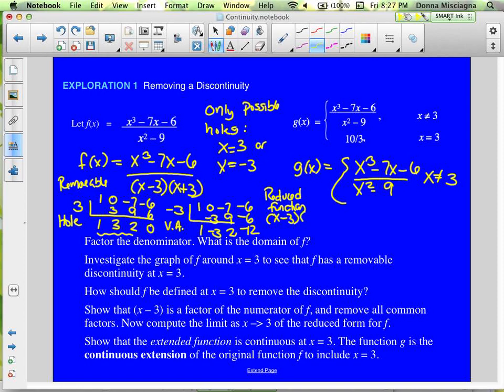So I'm just going to leave it as x squared plus 3x plus 2. It's just really not worth factoring it, even though it wasn't that difficult. And in the bottom, of course, we would have x minus 3 times x plus 3. Now we can cancel that out.